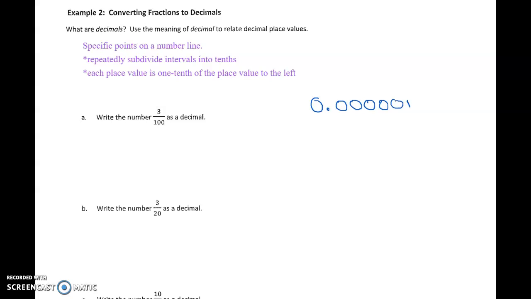So if this is 3/100ths, we put the 3 in the hundredths spot. That was pretty easy because everything's out of 100.